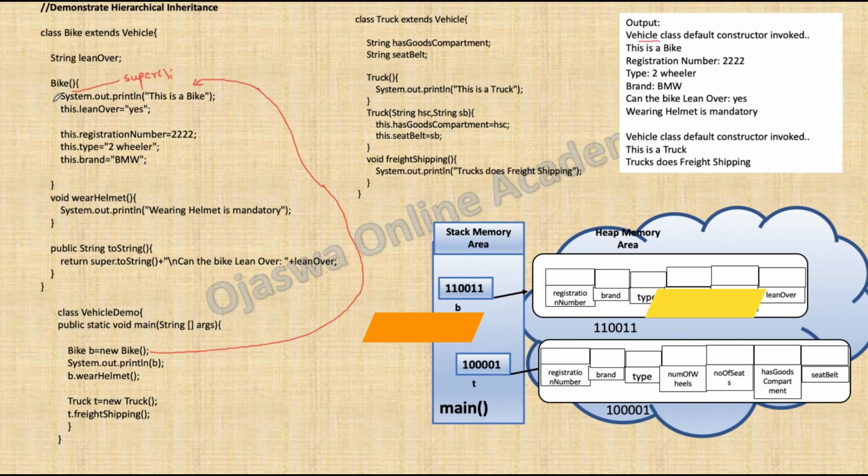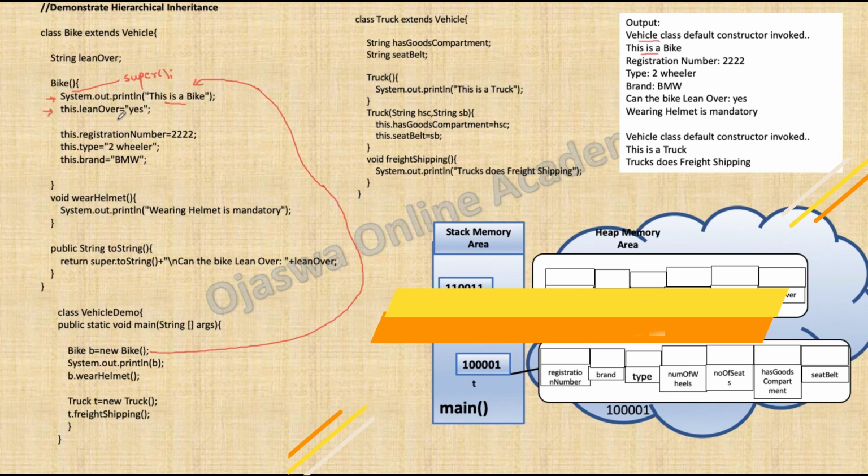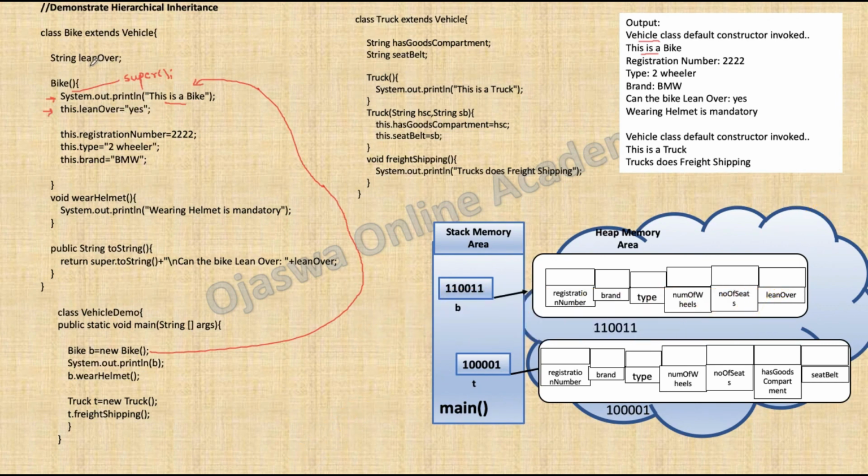Then the next statement is System.out.println. "This is a bike" is printed to the console. Next is this.leanOver equal to yes. So we are directly initializing the value of the instance variable leanOver and the value yes is stored inside the memory allocated for the instance variable belonging to object b.